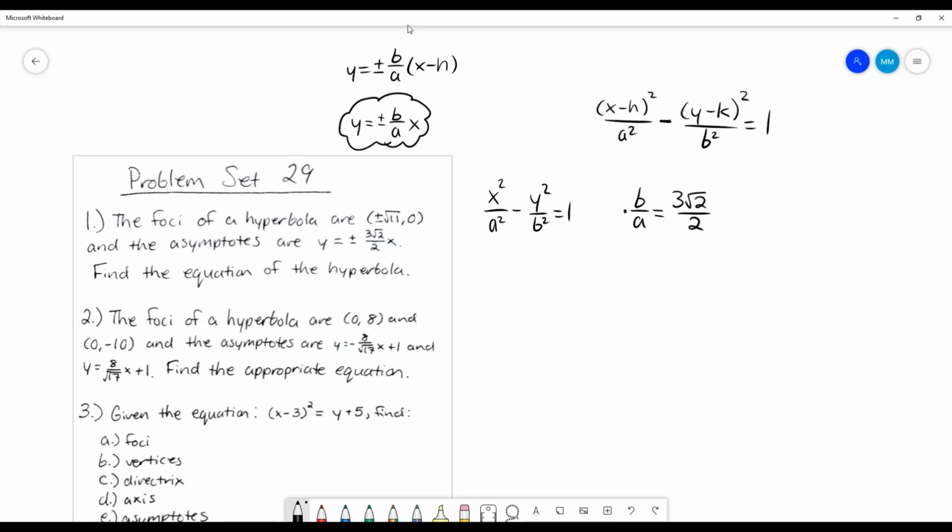I'm just going to multiply both sides by a, so that cancels. So b equals 3 square root of 2 over 2 a. Now, b squared is all of this squared, which is 9 times 2 over 4, that's 9 over 2. So it's going to be 9 over 2 a squared.